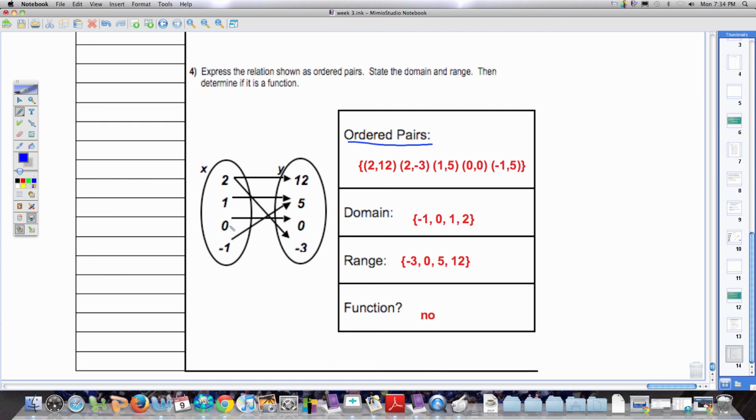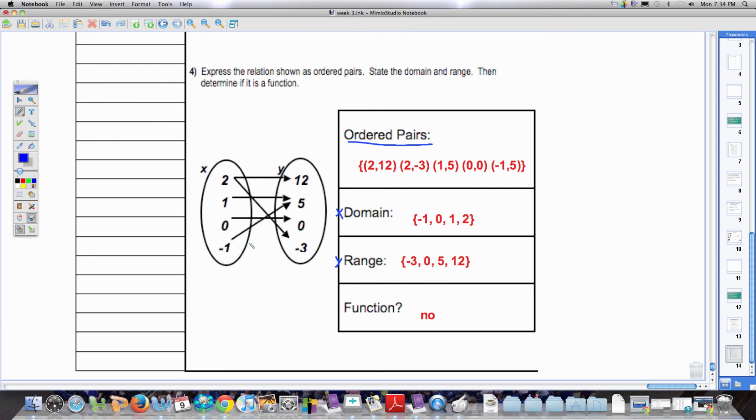Then (1, 5), (0, 0), and (-1, 5). Again, put those ordered pairs in the brackets. Open the brackets, close the brackets to finish it. That is the relation, represented as ordered pairs and represented as a mapping over here.